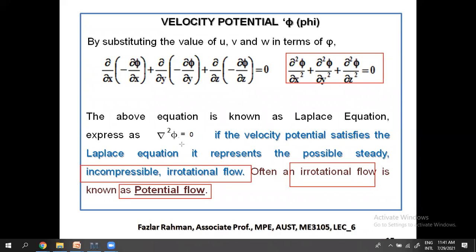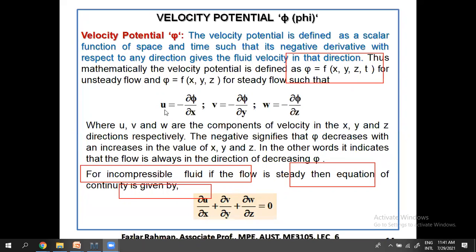So in phi, you see, it comes from the Laplace equation. If you have the Laplace equation satisfied, then you can say the flow is irrotational. And the other thing, if phi is given, you can easily figure out the u and the v. Say, for example, I am saying phi equal to x square plus y square minus z square, just an example.